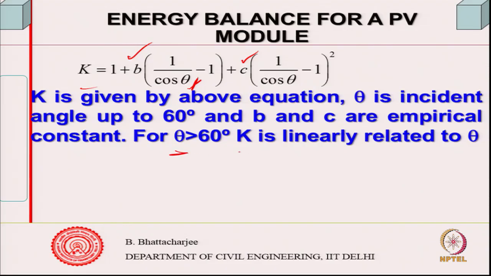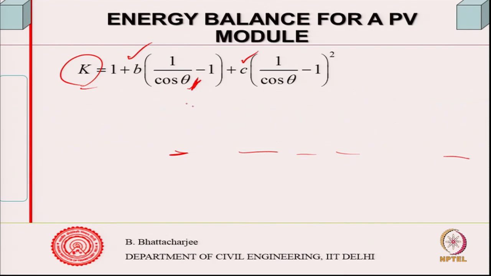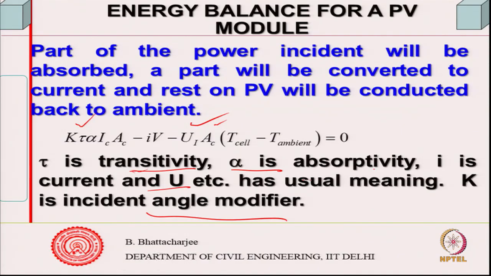For theta greater than 60 degrees, K is linearly related to theta, not in this manner. So, there is an empirical constant, this value should be available to us generally, and depending upon the angle of incidence at which the radiation is falling, this is what we are calling the incident angle modifier.